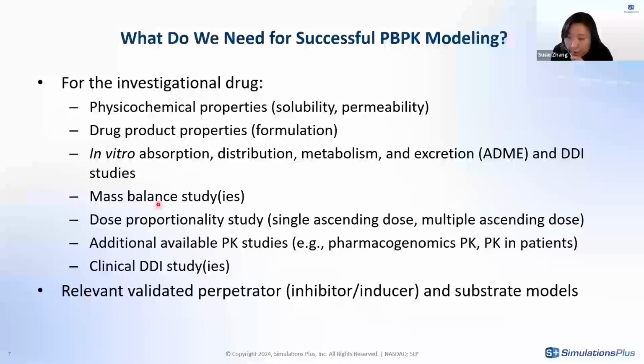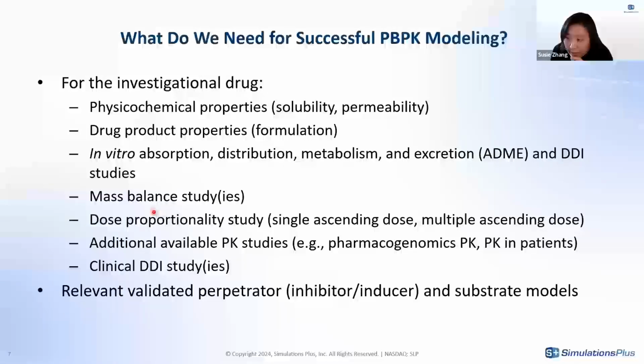Those will confirm some of the assumptions that we will need for the model, for example, whether the absorption is linear, whether the clearance is linear, whether there are other saturation involved in absorption and clearance. Does the model include all those potential mechanisms from a PK or ADME perspective?